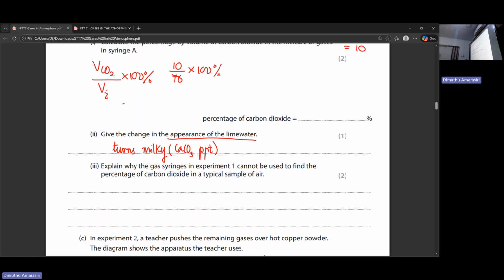You are very close. You basically get 1 mark. You can't use this experimental setup to find the carbon dioxide amount in normal air. Your answer was so close.